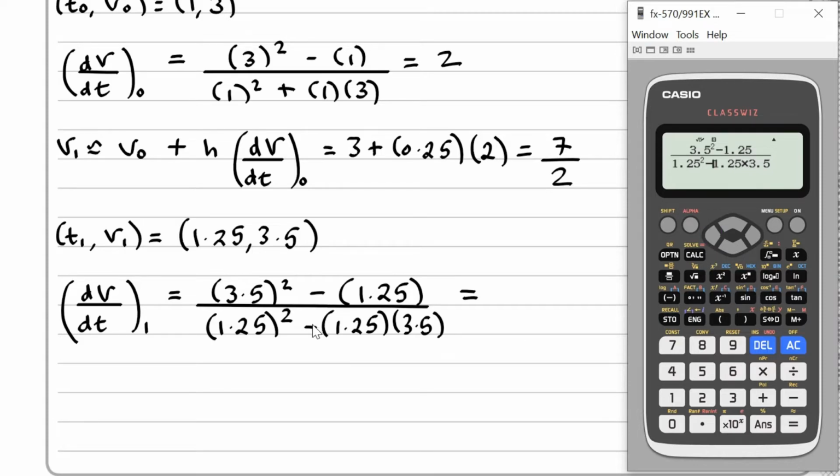Sorry, this is supposed to be plus. We come out with a value of 176 over 95. If you want that as a decimal, that's 1.85, etc.